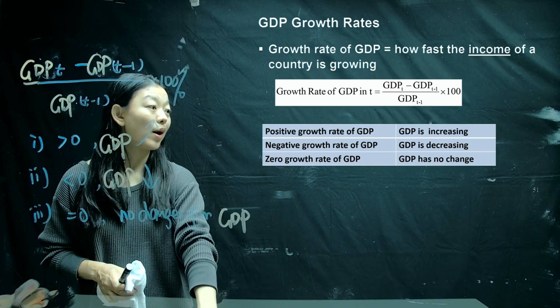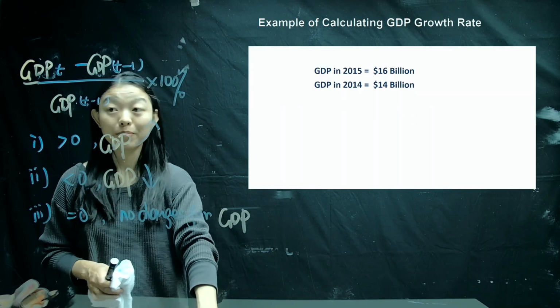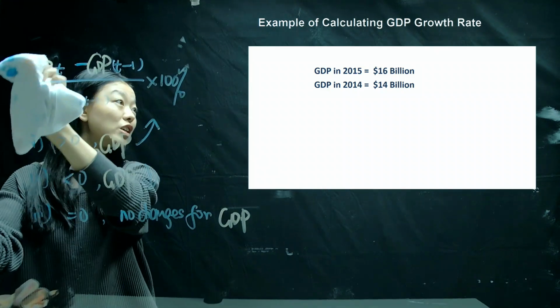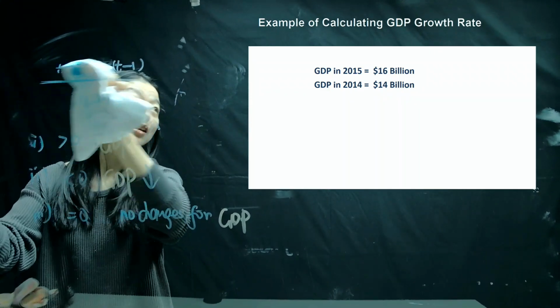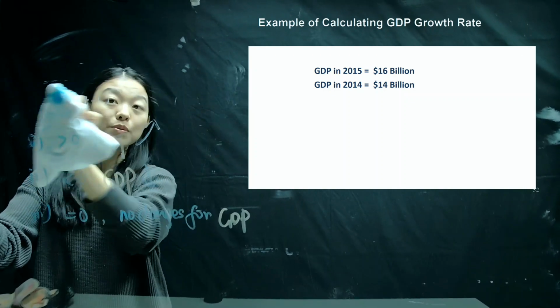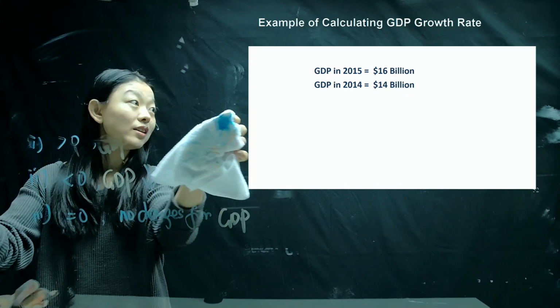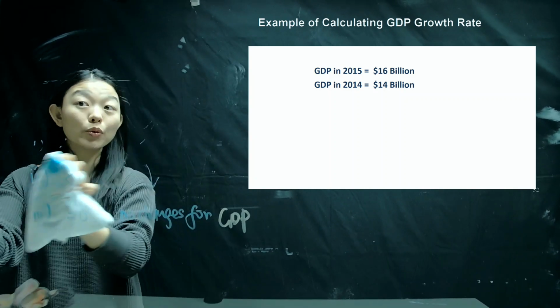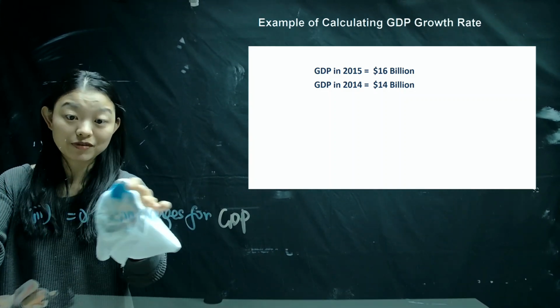Now let's look at a practice question about how to compute the growth rate of GDP. Here, GDP in 2015 equals $16 billion, and GDP in 2014 equals $14 billion, and we are asked to compute the growth rate of GDP in 2015.